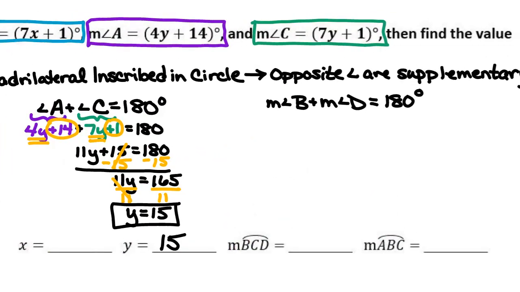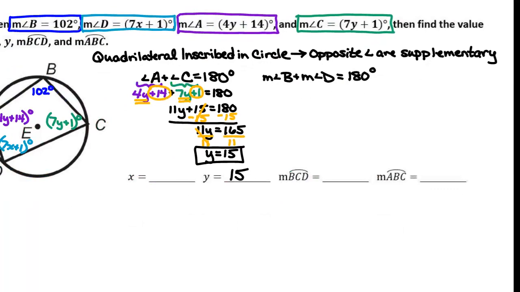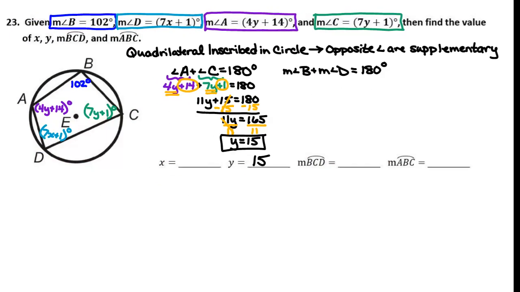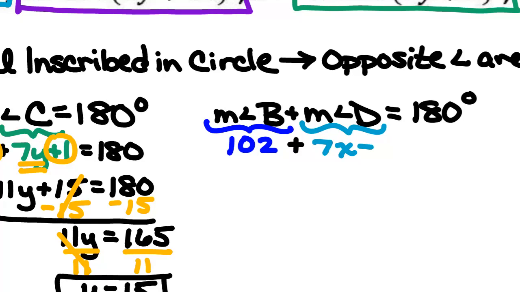Nicely done. And so now I need the measurement of angle B. 102 plus the measurement of angle D, 7x plus 1, equals 180.